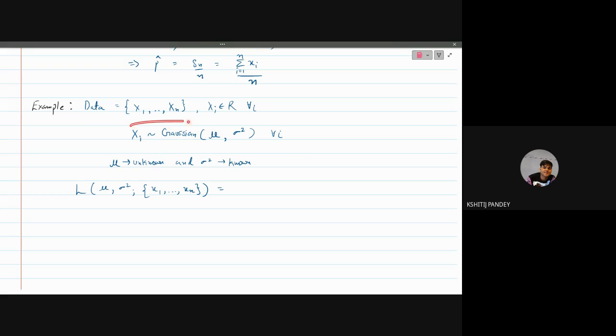They come from a continuous distribution, not a discrete distribution. So here we have to transition to probability density function. So, well, the likelihood function here will be equal to the probability density of this data being generated when these are the values of the unknown parameters.